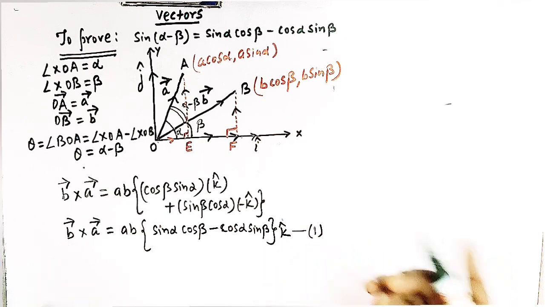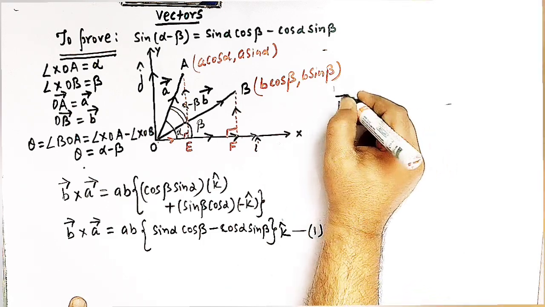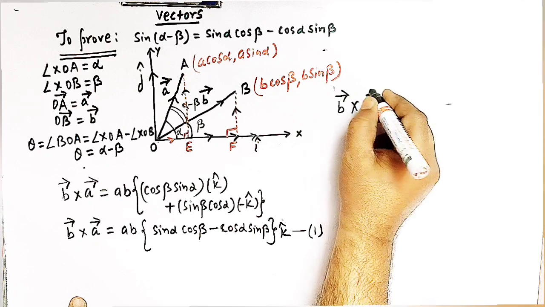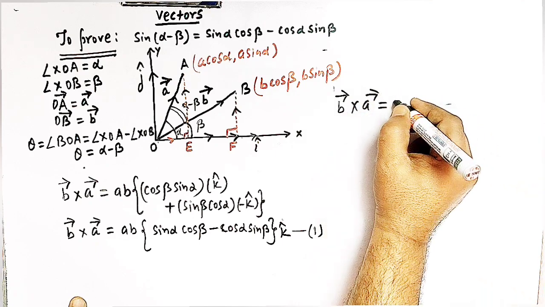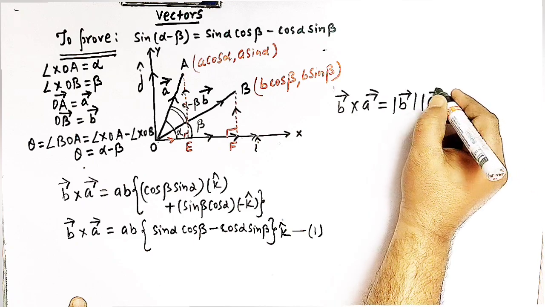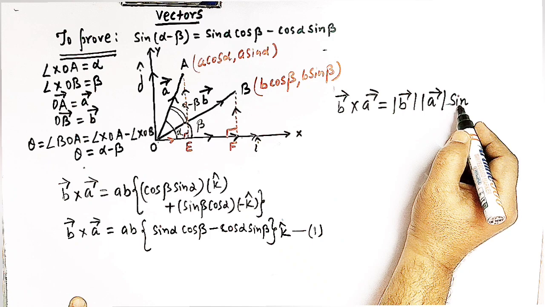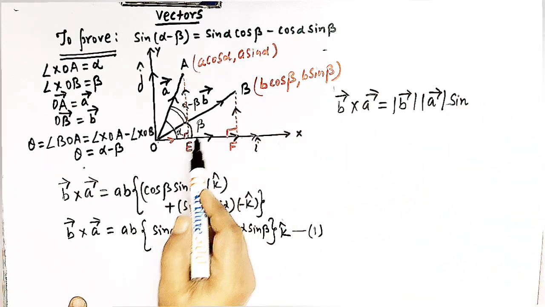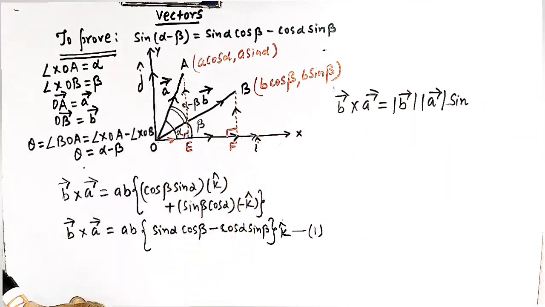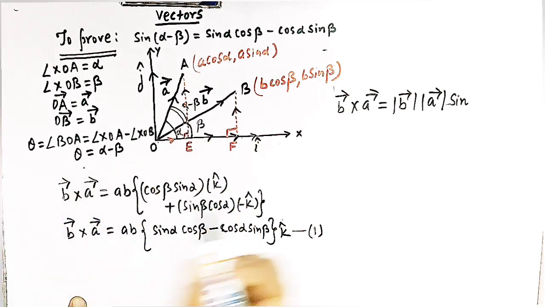And now from the definition of cross product of two vectors, we know that b cross a is also given by the magnitude of vector b, magnitude of vector a, and sine of the angle between vector b and vector a, that is given by alpha minus beta, or theta.